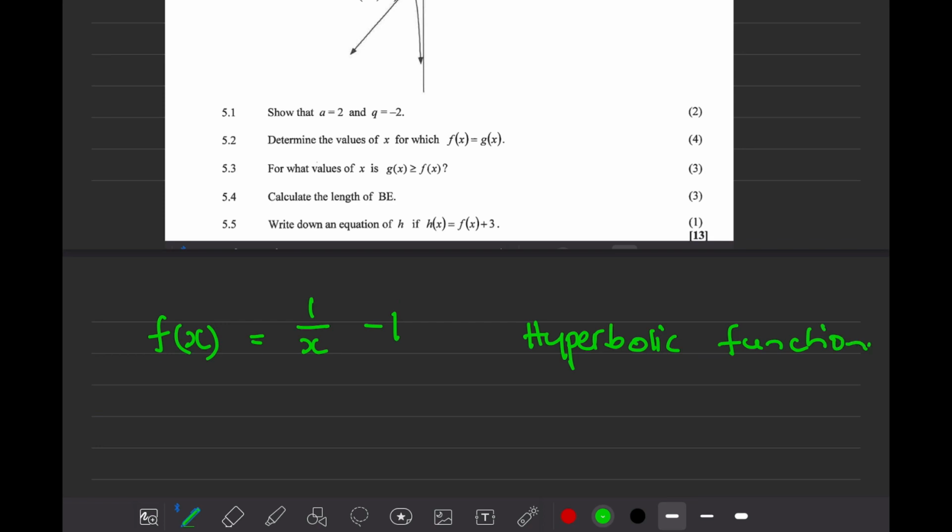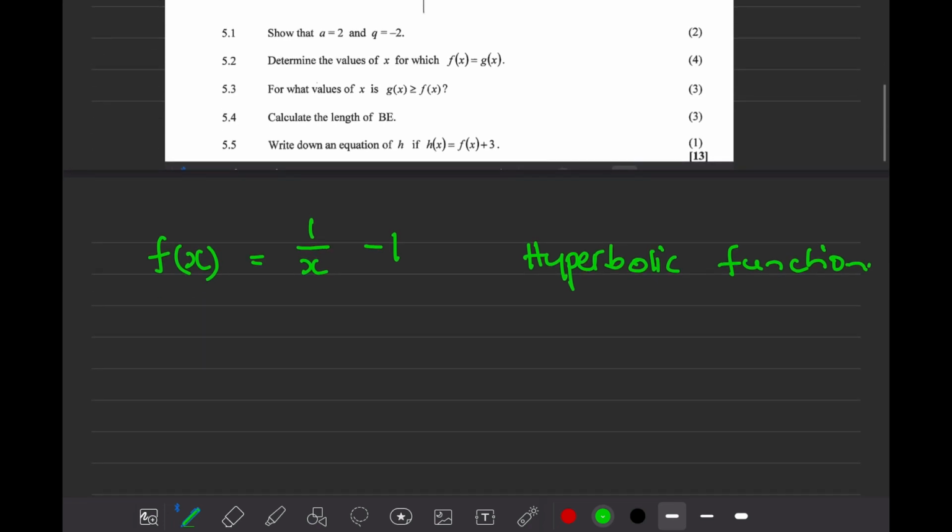Another question is, what do you know about a hyperbolic function? It has got a form of, let's say f of x. You can also have g of x and h of x, or y is equals to something. F of x is equals to a divided by x minus p plus q. So you know that a hyperbola has got this form.